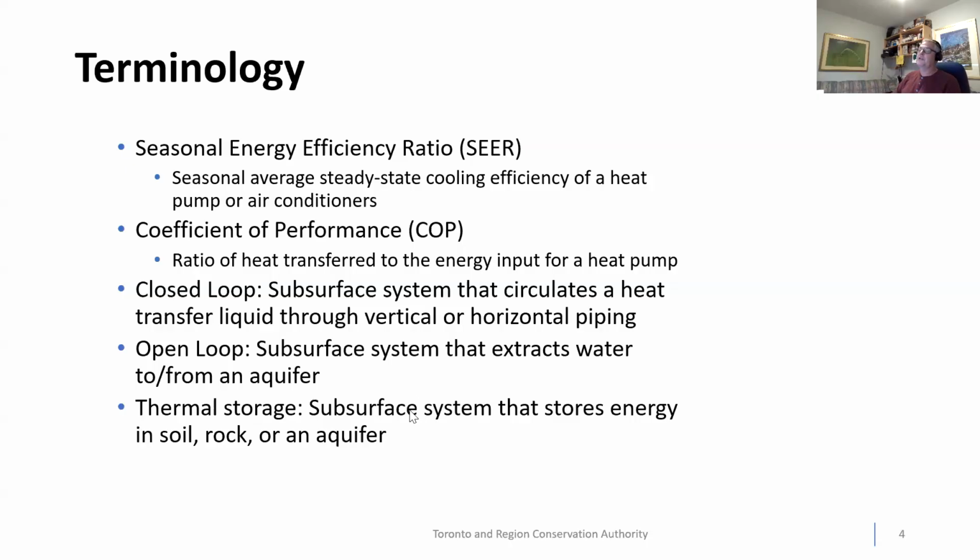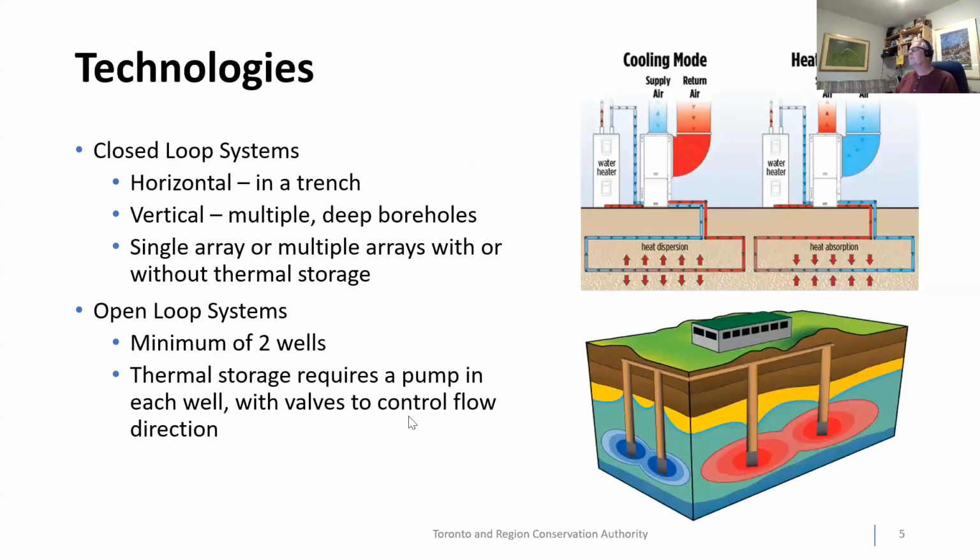And thermal storage uses that to create a cool area in the aquifer and a warm area in a separate spot. So then you have warmer water to use in the winter and cooler water to use in the summer.